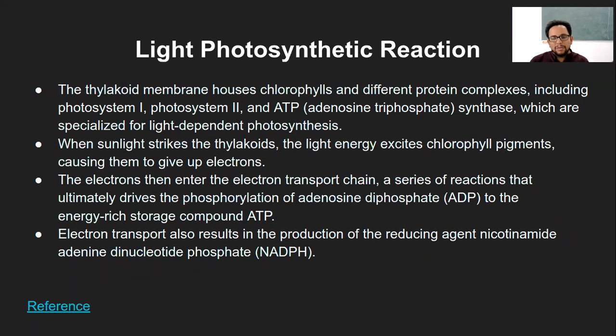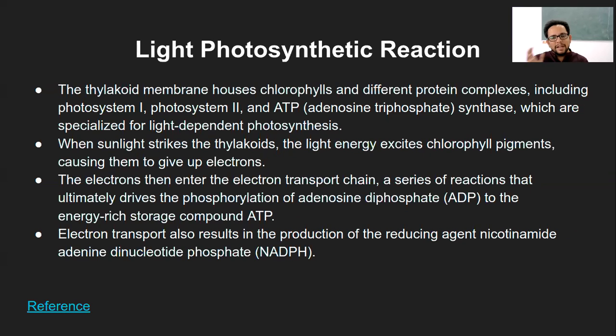And apart from that, it also has the enzyme which is called adenosine triphosphate synthase. Any type of synthase is actually the enzyme which will synthesize that particular compound. So in this case, it is ATP synthase, meaning it is synthesizing the ATP molecule.